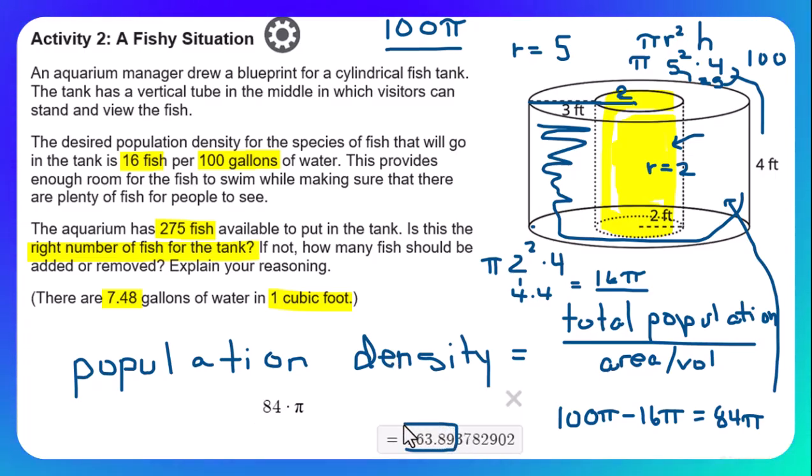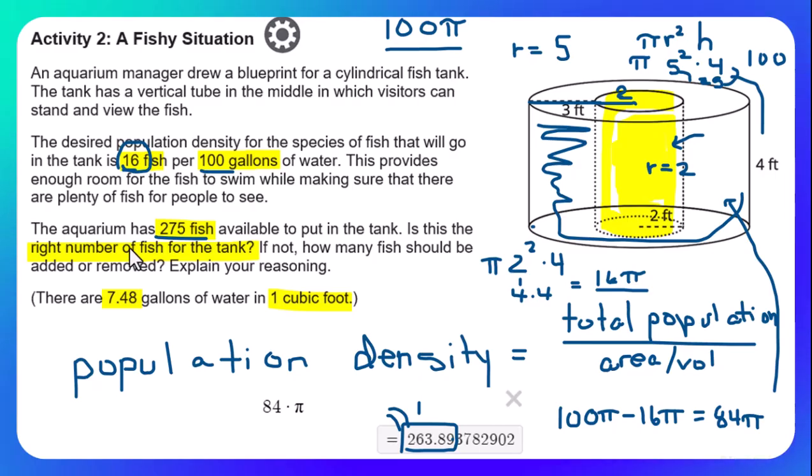We have 275 fish available to put in the tank. Now what we've calculated is volume. So we have 263.89, carrying it out to the nearest hundredth, cubic feet.